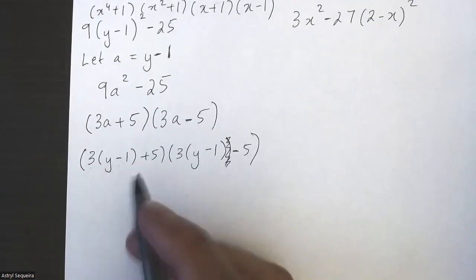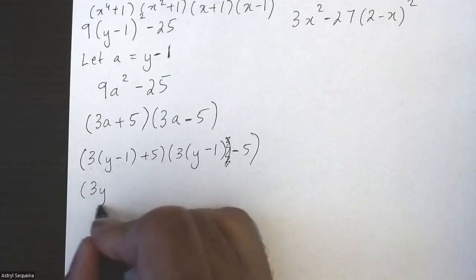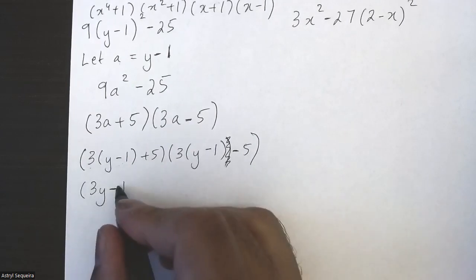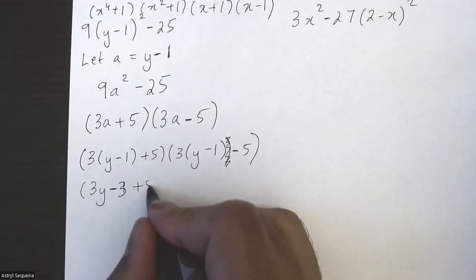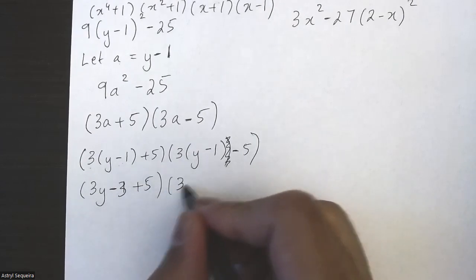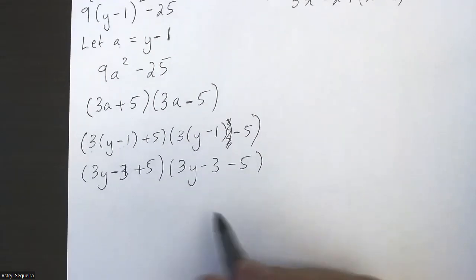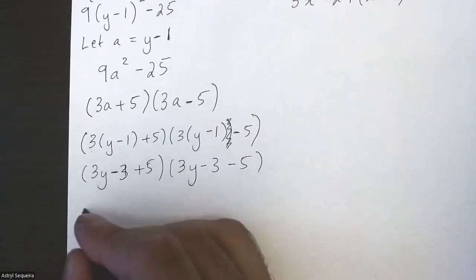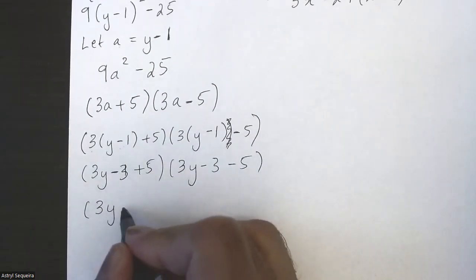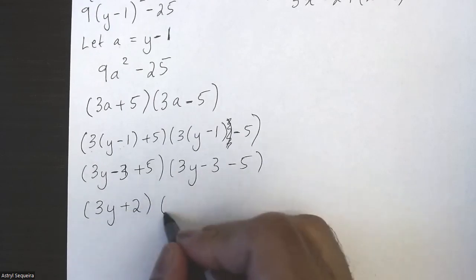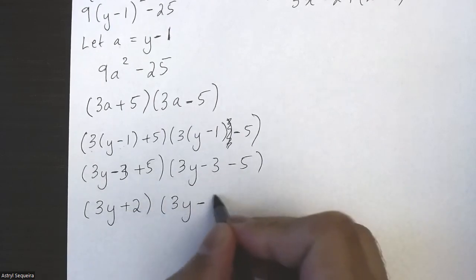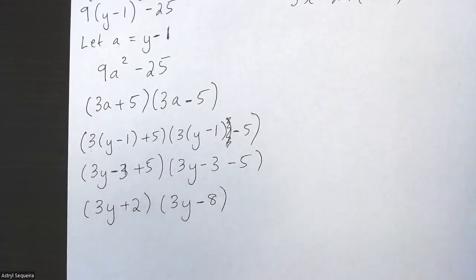So I'm going to multiply 3 into these brackets. So 3y minus 3 plus 5, 3y minus 3 minus 5. And then last step, I'll combine like terms in these brackets. I get 3y plus 2 and 3y minus 8. And this is my final factored solution here.